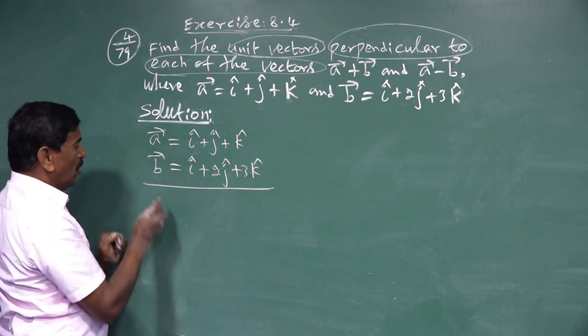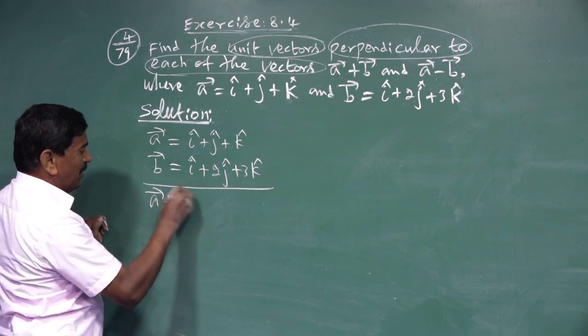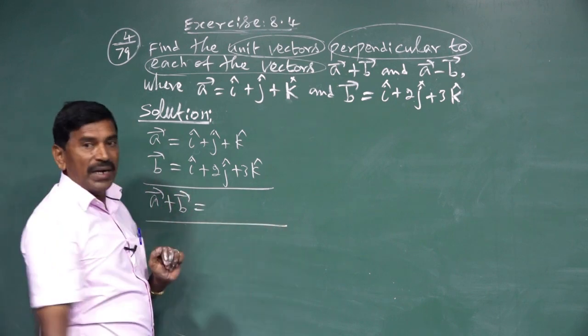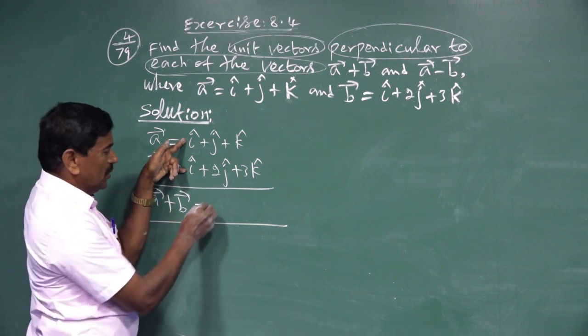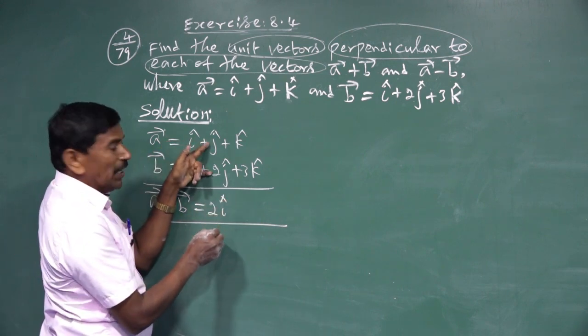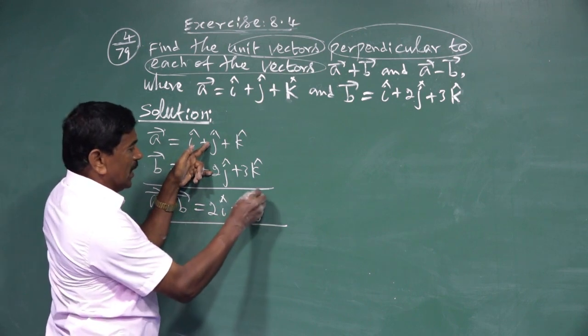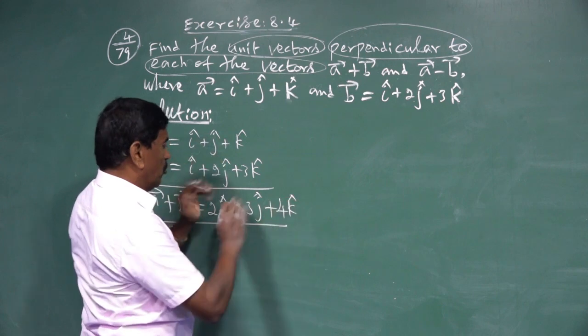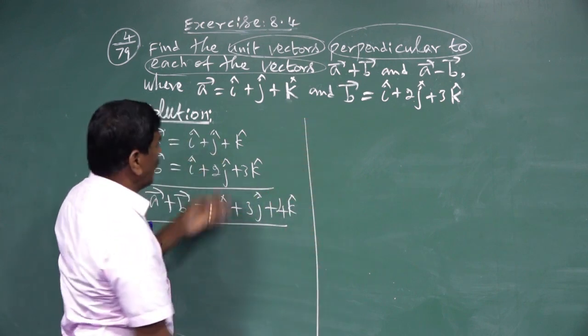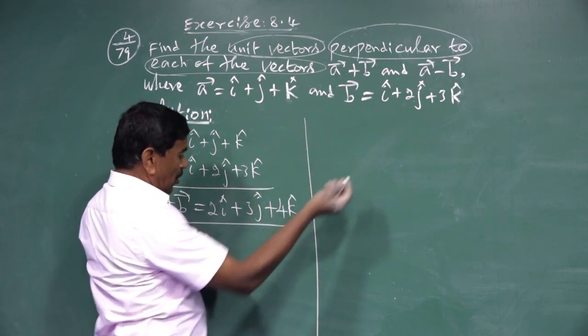While adding, A vector plus B vector is equal to, adding I cap and I cap is equal to 2 I cap, j to j, very good, 3j cap, k and k, yes, plus 4k cap. Addition is completed.